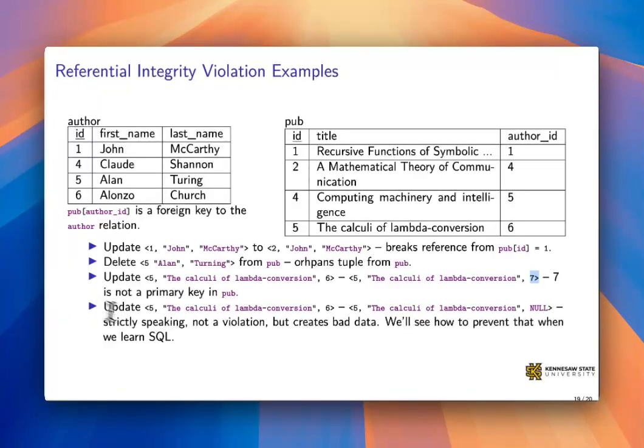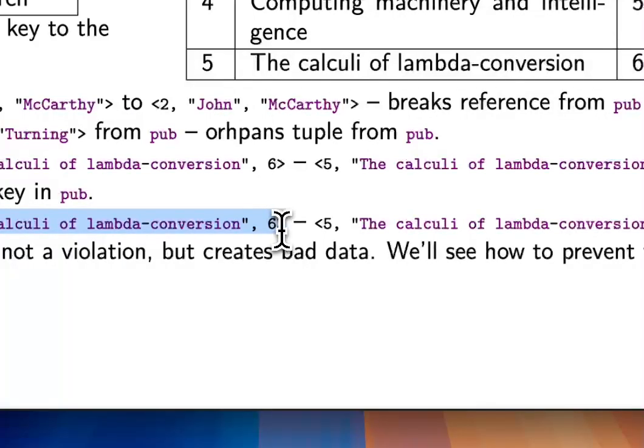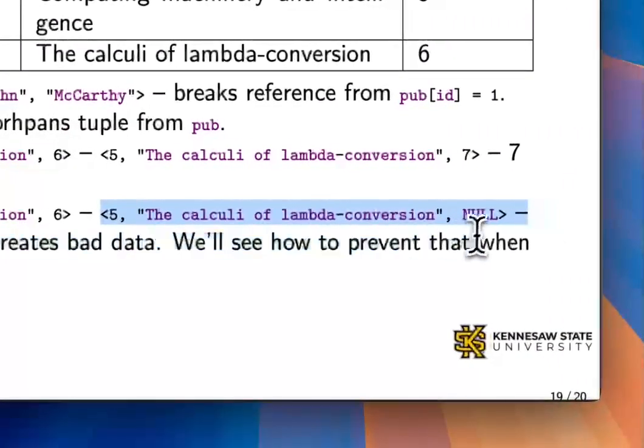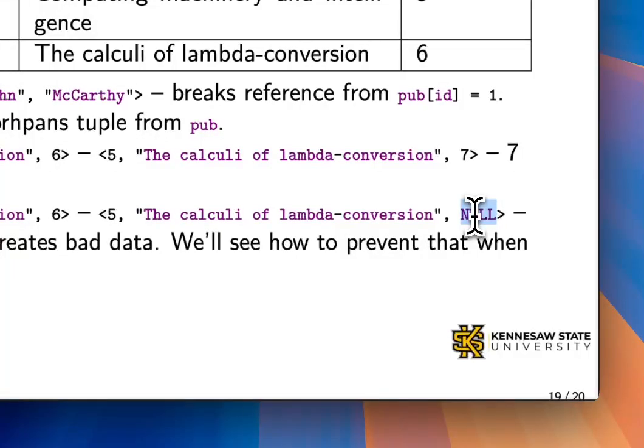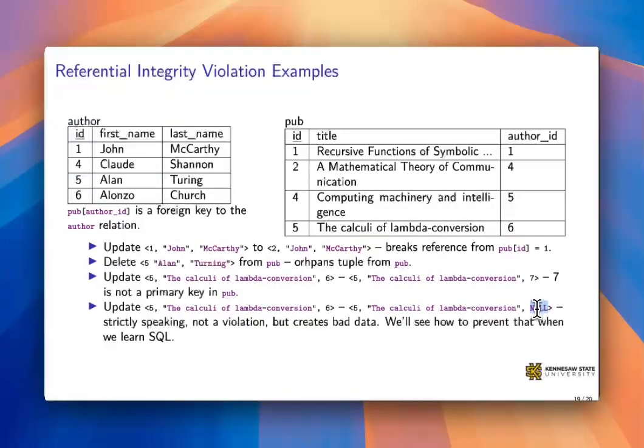If we update 5, The Calculi of Lambda Conversion, to have the author ID null, that is technically not a referential integrity violation, but it does create bad data because it says that we have a publication without an author.